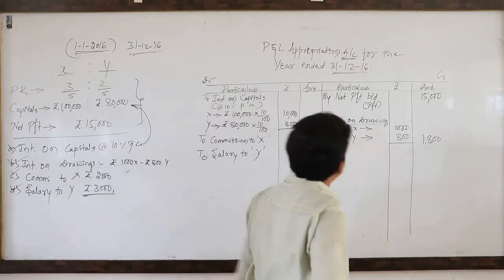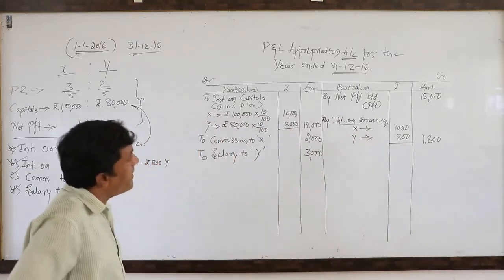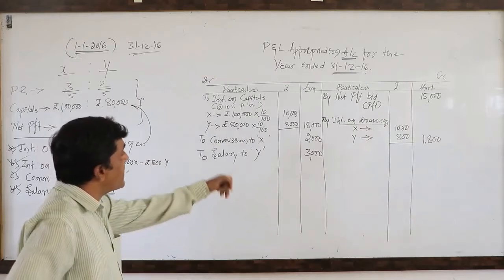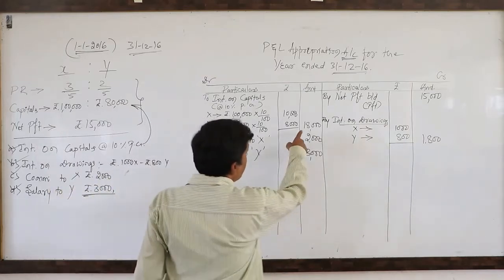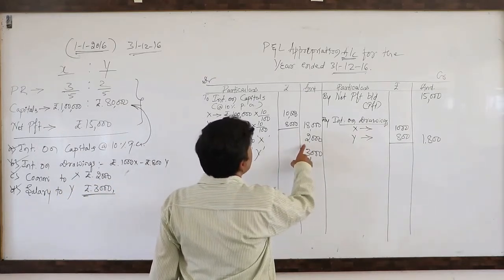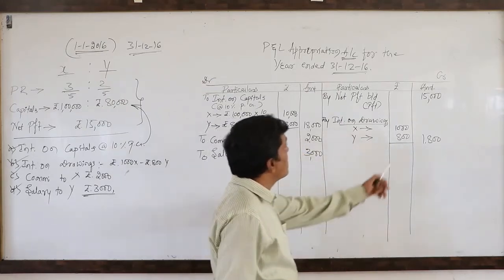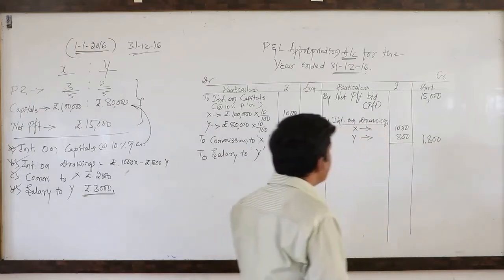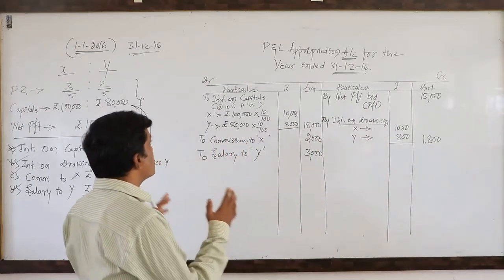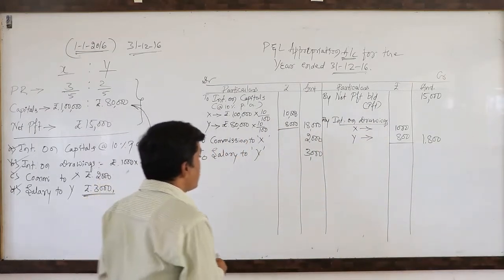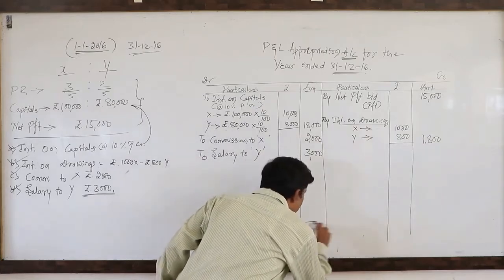By observing this account, we can find the debit side is more. Why? Because 18,000, so 2,000, 20,000, 20,000 plus 3,000, 23,000. But the credit side total is only 1,800. It shows a debit balance. That is the reason we need to make the total on the debit side first.